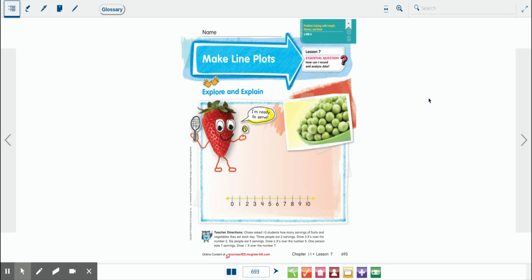So 3 people eat 2 servings. So we look at our number line and we have to find the 2.